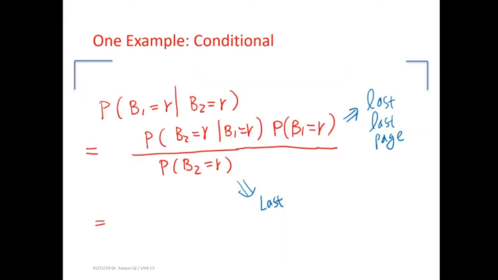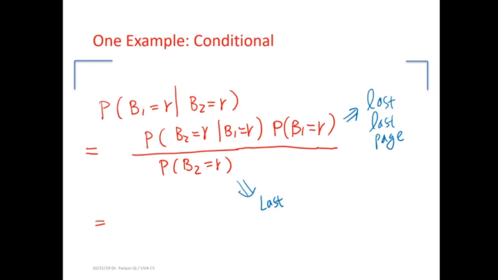All right, and then the last one is that harder conditional probability. It's P(B1 equals R) conditional on B2 equals red. Because it's much easier to do the calculation of B2 conditional on B1, we're making use of Bayes rule to get the joint probability in the numerator, and then the denominator is the marginal probability, and this marginal probability is also hard to calculate.